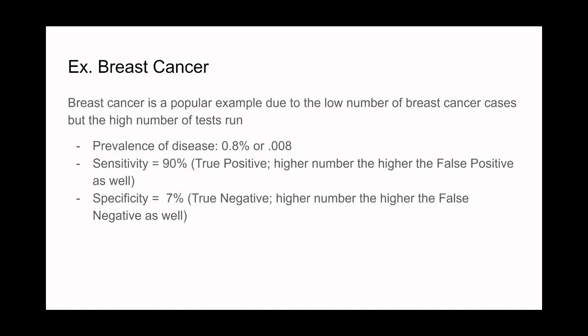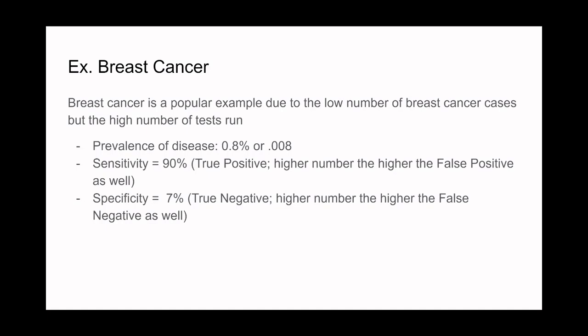The sensitivity, so basically how accurate the test is at picking up the disease, is 90%. So if you have the disease, 90% of the time it will tell you that you have the disease. Worth noting, this is the true positive essentially, right?